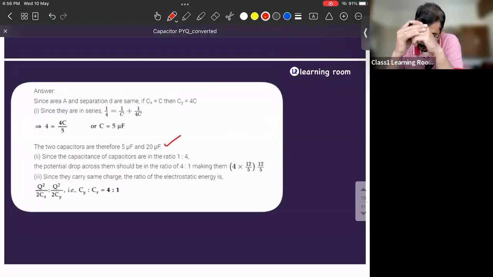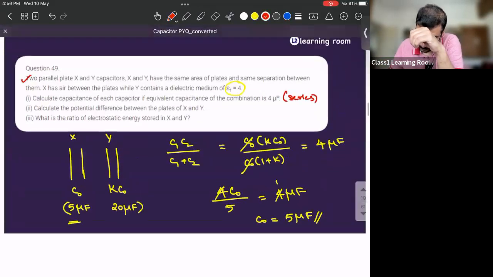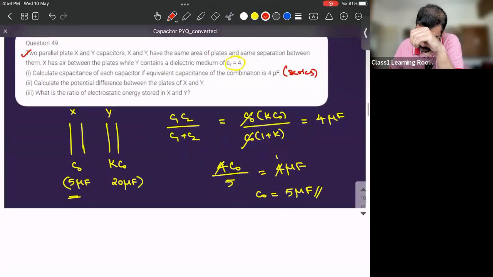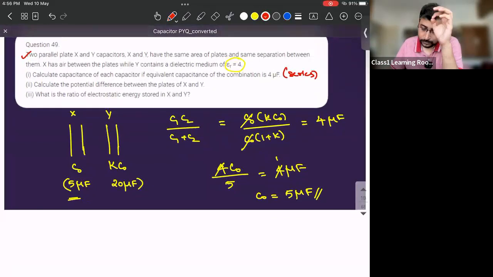This we solved. Calculate the potential difference between the plates of X and Y. I don't know what value is connected, so it is difficult for us to calculate. I think the question is incomplete. I'll check this part.